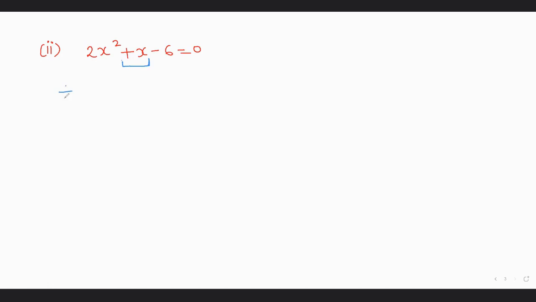The middle term is positive x. So you have to find factors of this number such that their product should be negative 12x square. Why negative 12x square? You see it is minus 6 and it is 2x square, so this is the product of minus 6 and 2x square.